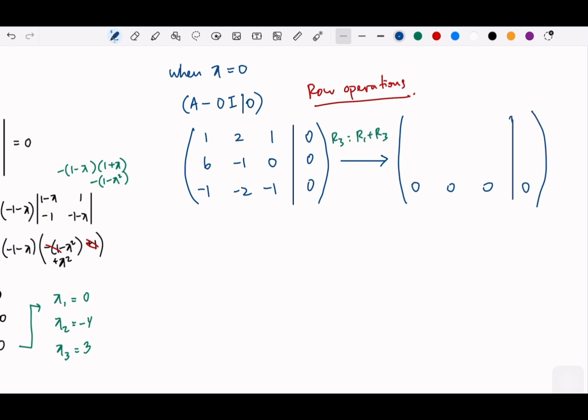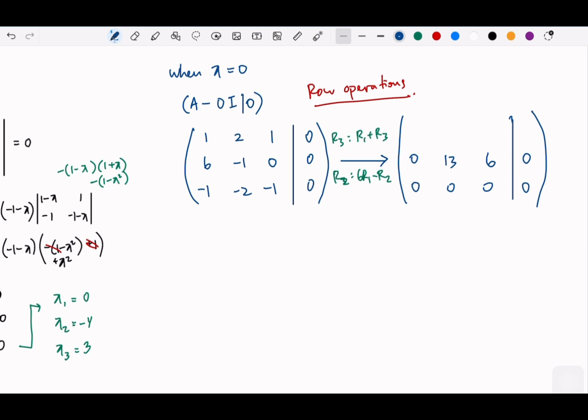And the 6 for R2, R1 minus R2. So 6 minus 6 is 0. 12 plus 1 is 13. And 6 minus 0 is 6. And then this will be 0.